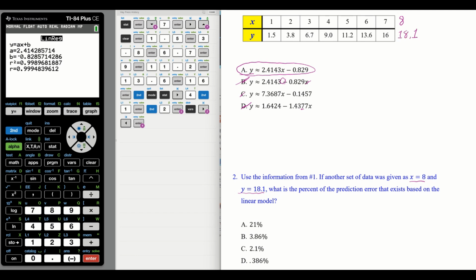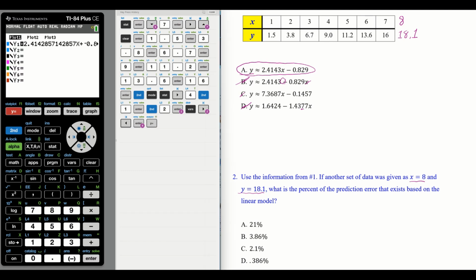You don't see it, and you should know if you've done this before. If I push my y equals, there's all my information. Unrounded, well, sort of rounded, barely rounded. We got two things we can do. We can go look at it. So let's go do that.